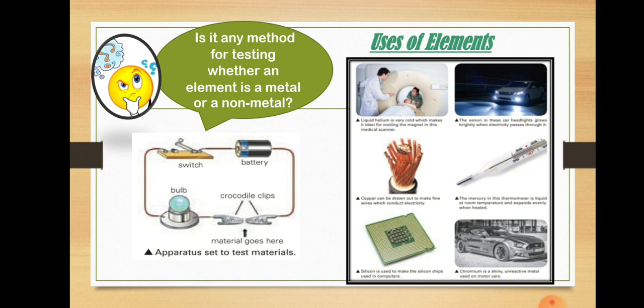There is an apparatus set to test materials: bulb, switch, battery and crocodile clips. You place the material that you want to test in between these clips. If the material is a conductor, then it conducts electricity, and if the material is an insulator, then it does not conduct electricity. That means the bulb will not glow.